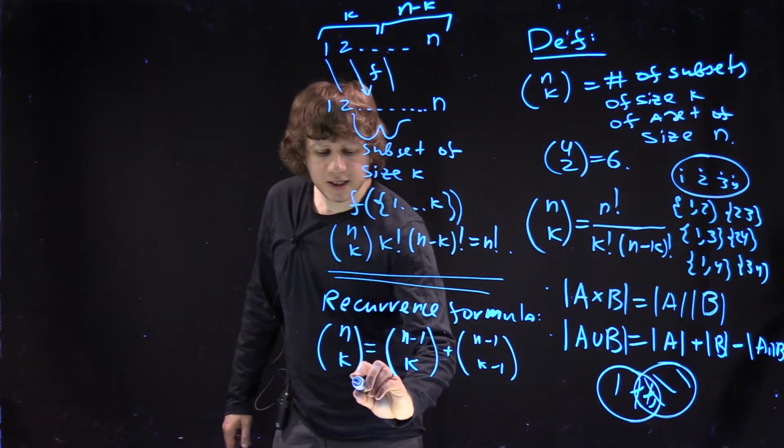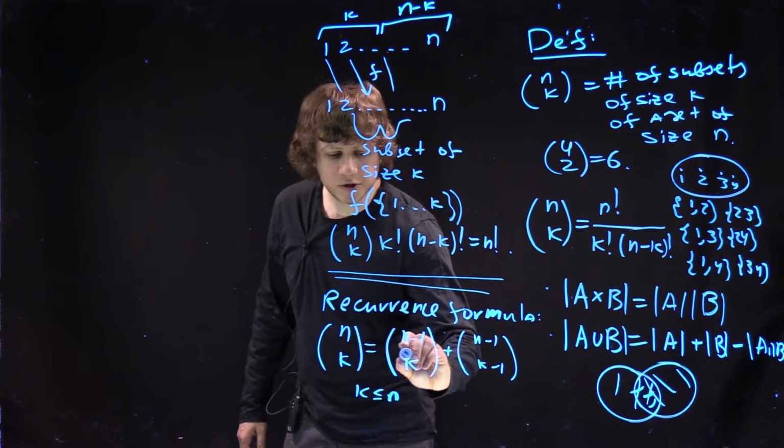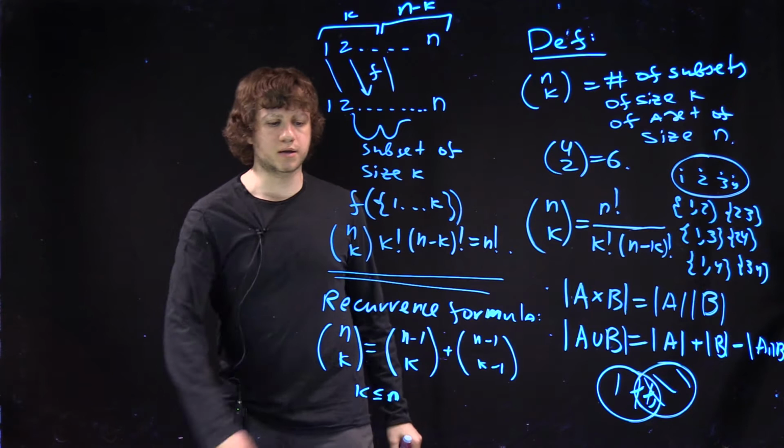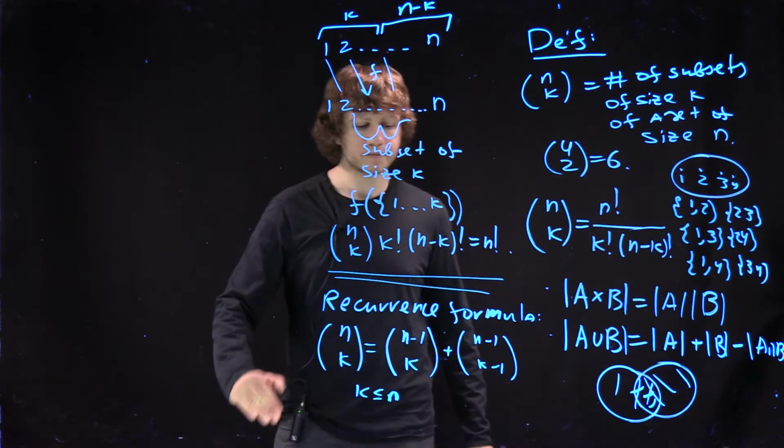I assume that k is less than or equal to n, and if k is actually bigger than n, then I just put it equal to 0.